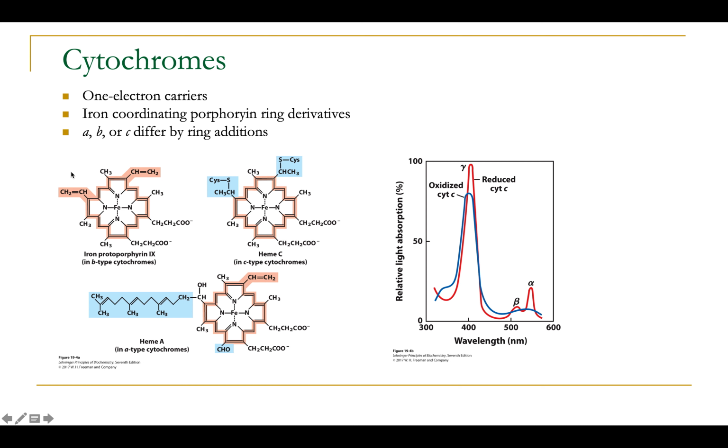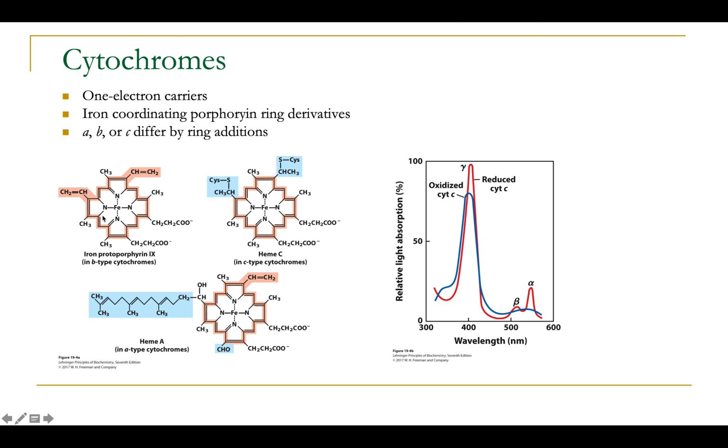Unlike the flavoproteins, the electron carrier or redox function in cytochromes is mediated not by organic electron delocalization properties, but by the charge state of the iron atom present within the heme prosthetic group within the cytochromes.